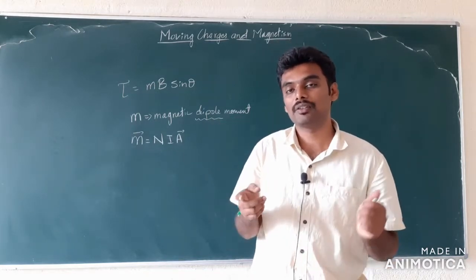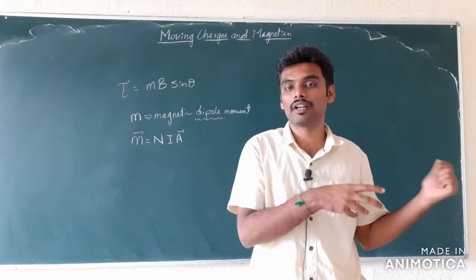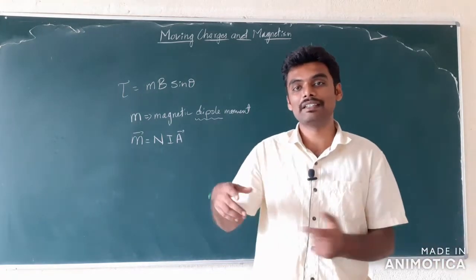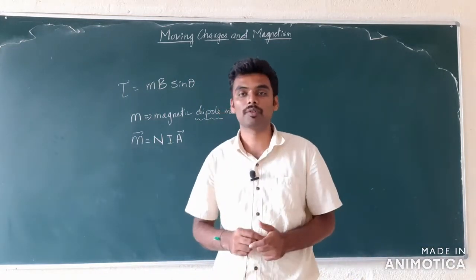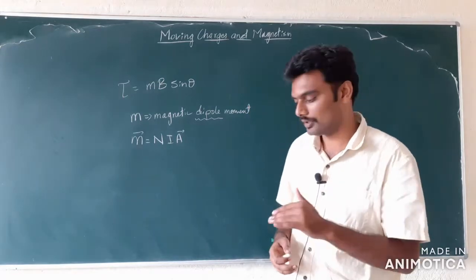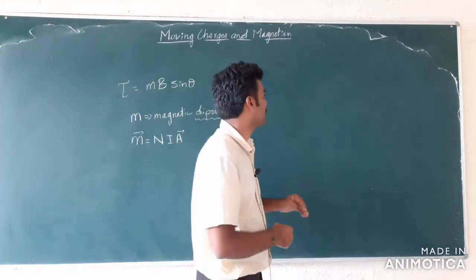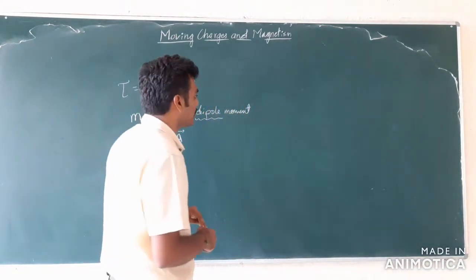So basically, similar to the positive pole and negative pole of electrostatics, here in magnetism we have a north pole and a south pole. That is where the concept of pole starts. So how do they look? Where do they exist?